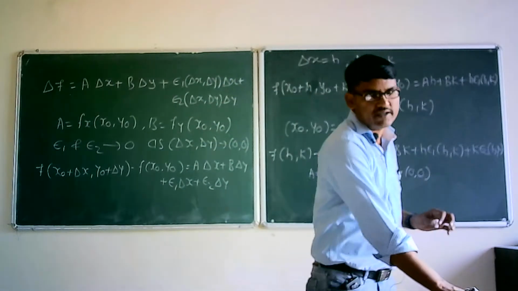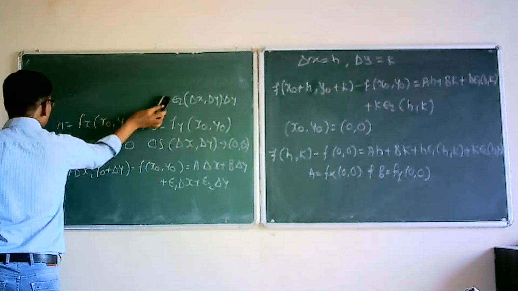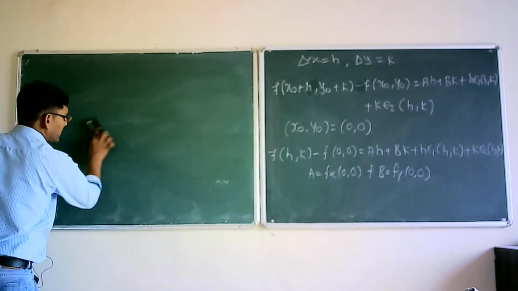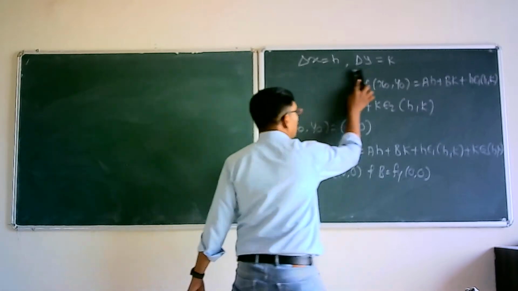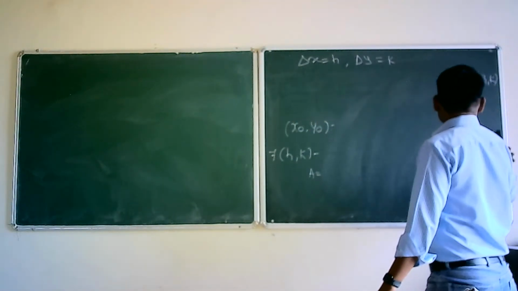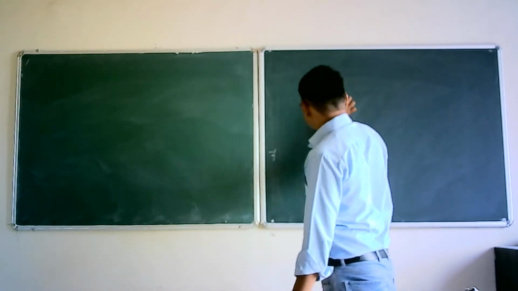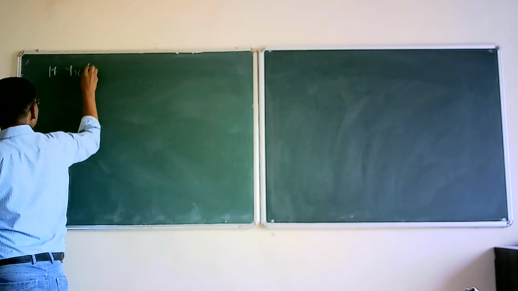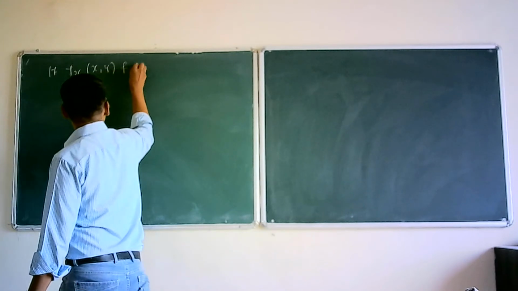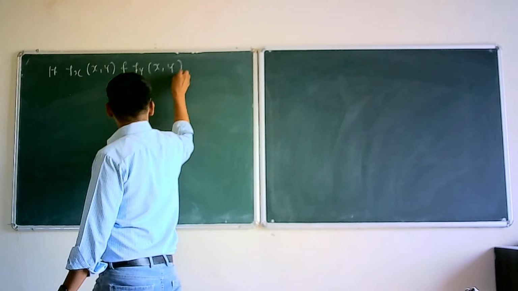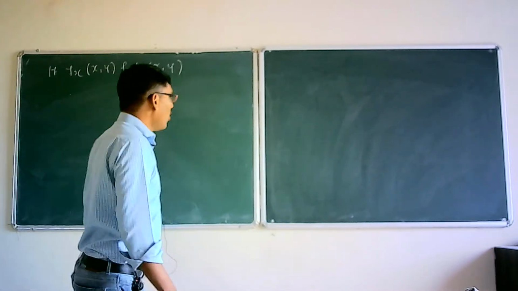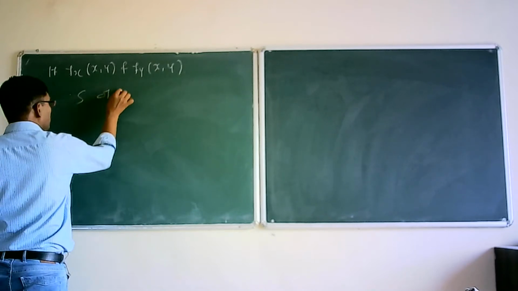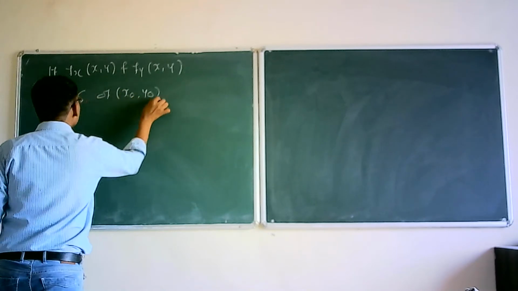Also there is one sufficient condition for differentiability. You can also apply that when you are going to check whether a given function is differentiable or not at point x0, y0. So what this theorem says: suppose f of x and f of y exist in some neighborhood of x0, y0, this is the first condition.